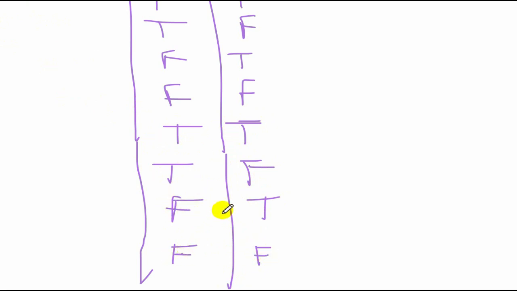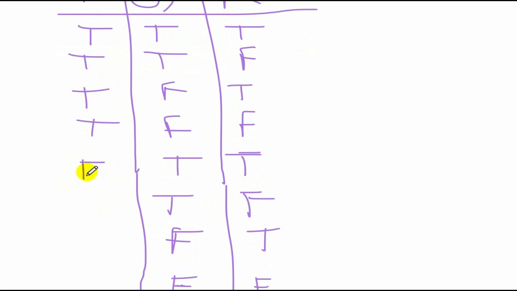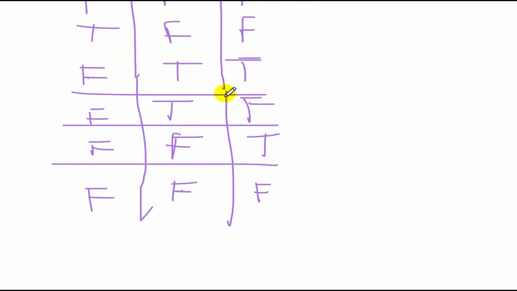Next, in the first column, we write true four times, and in the next four rows we write false, false, false, false. So all our permutations and combinations are completed.